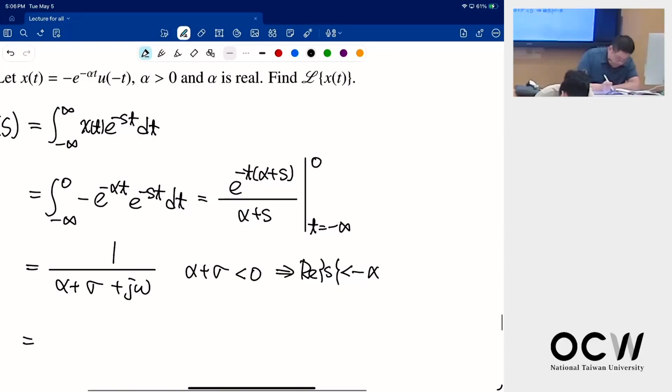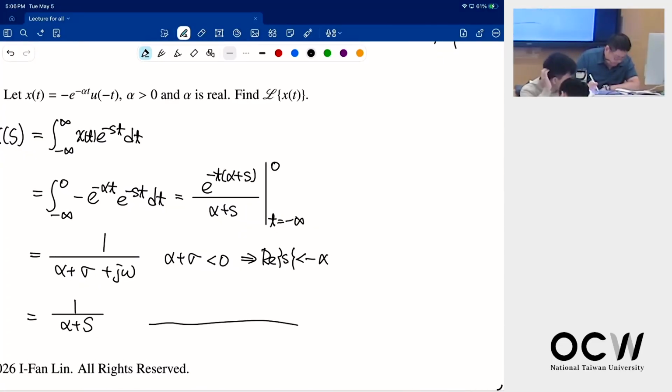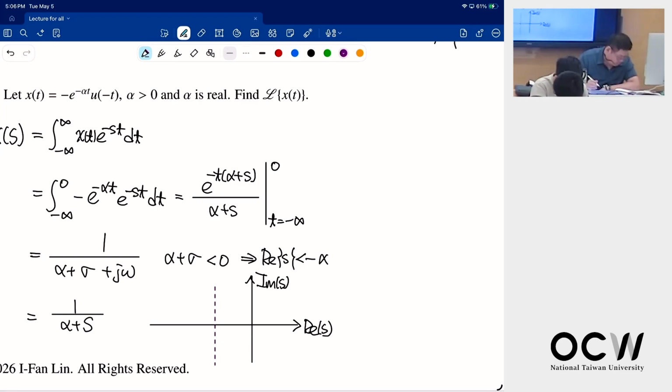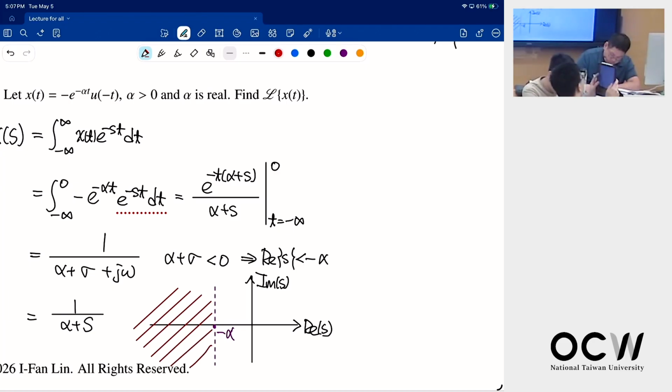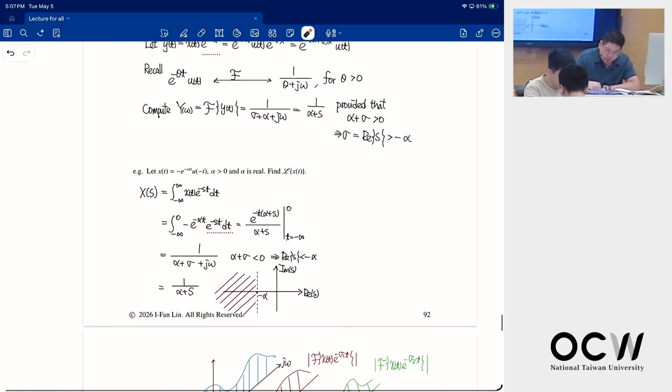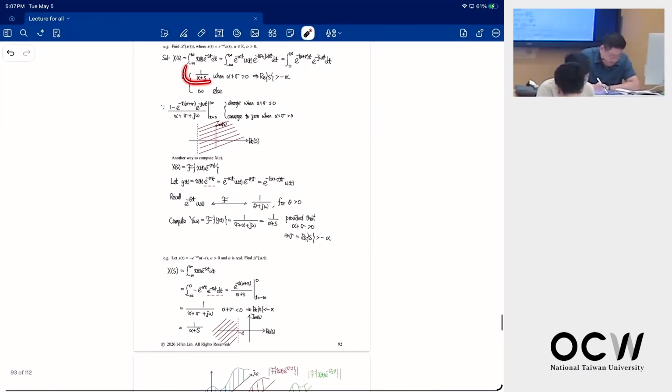And this is still 1 over alpha plus s. You can see that from these two examples, I get the same Laplace transform.